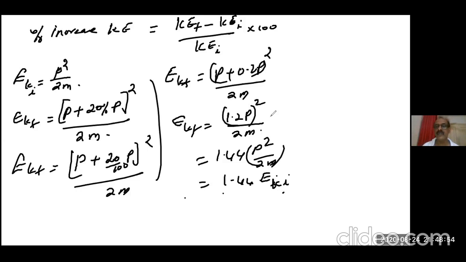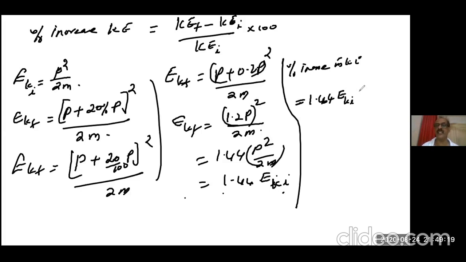Now substitute into the percentage increase in kinetic energy. The final kinetic energy is 1.44 EKI. So it is 1.44 EKI minus EKI, initial kinetic energy, divided by the initial one, into 100.